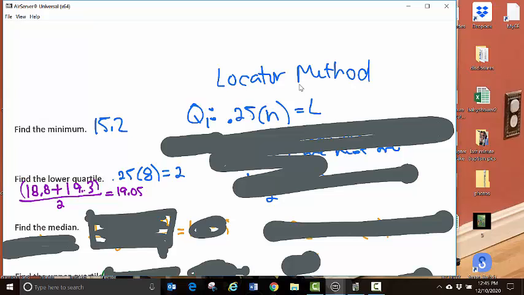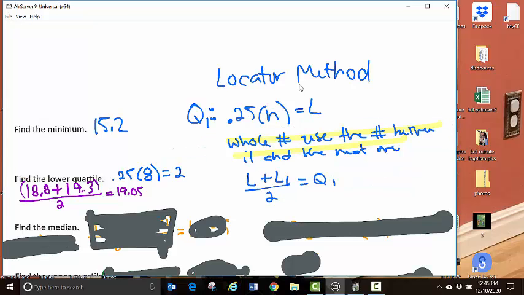Now here are the two rules. The first rule is if your locator is a whole number, use the number between it and the next one. So the squiggly blue writing says, if your locator number is a whole number, use the number between it and the next one. I would write this down verbatim because there's nowhere else in your notes it's at, and you are not allowed to use your book on the test.